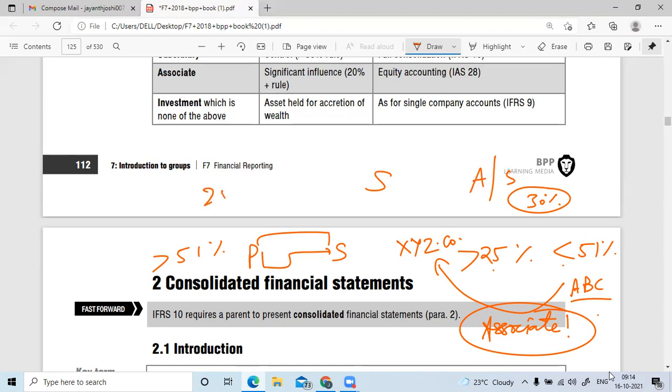So when any company has made an investment in another company to the tune of 30%, 35%, 40%, 45%, that comes in the category of between 25 and 51, correct?